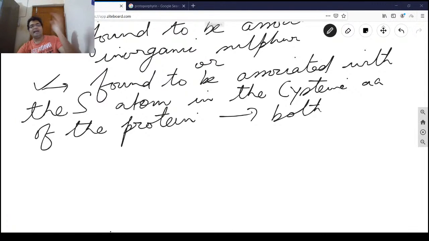You can call them the Rieske iron sulfur proteins, R-I-E-S-K-E.